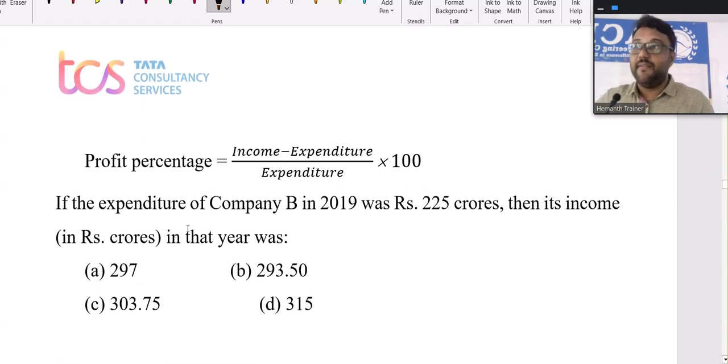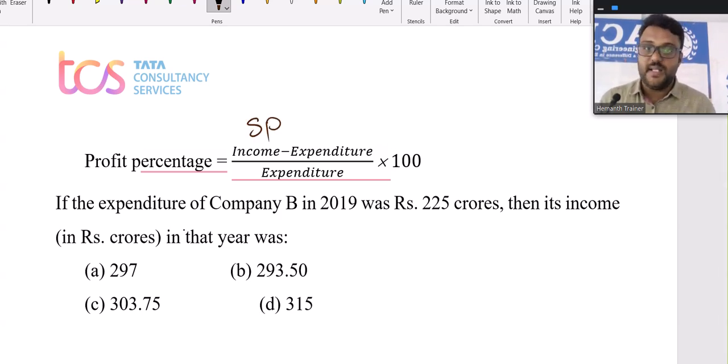Now see here, they have given the formula also. What is the profit percentage formula actually? Profit with respect to CP. Profit means SP minus CP. I said income means nothing but SP. Profit percent means SP minus CP divided by CP into 100, that is, income minus expenditure divided by expenditure into 100.